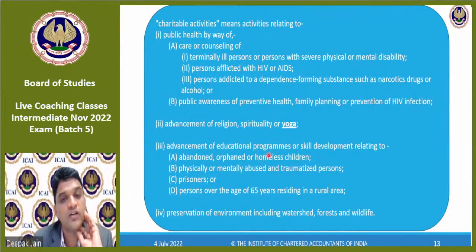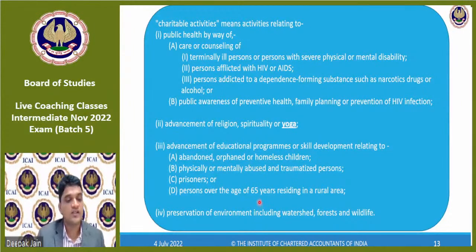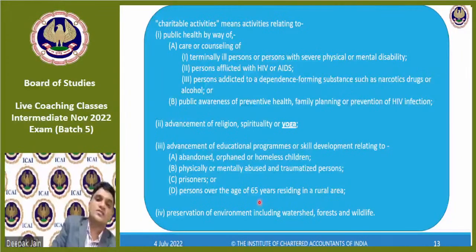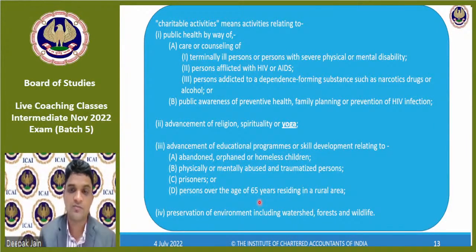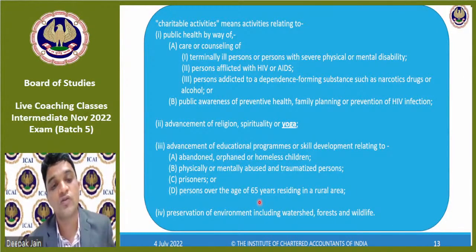Then advancement of educational program or skill development relating to, very careful, because educational services is exempted, but don't get confused. Educational services exempted, that's fine, but here we are talking of advancement of educational programs or skill development relating to which?